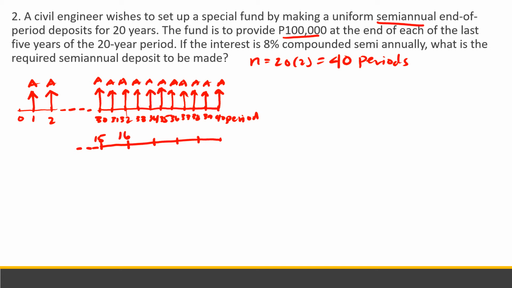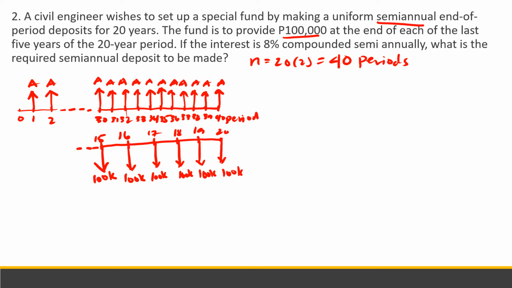So 20 years, 16, 17, 18, 19, 20 years. So makaka-receive daw siya ng, so ibaba na lang natin para hindi crowded yung diagram natin, 100,000 for the last 5 years. So this is years.